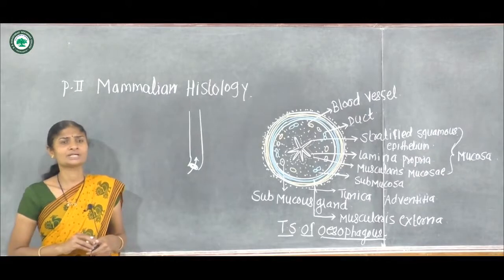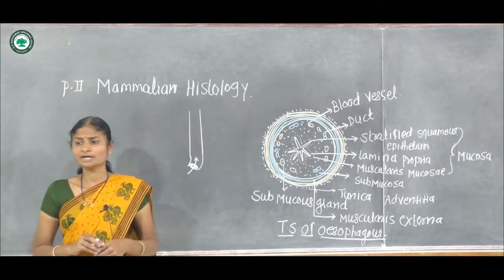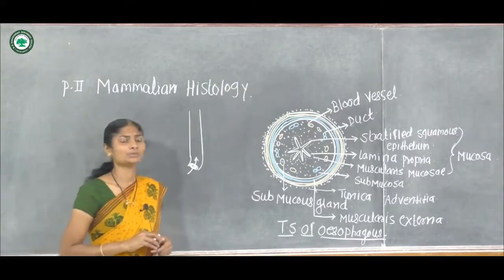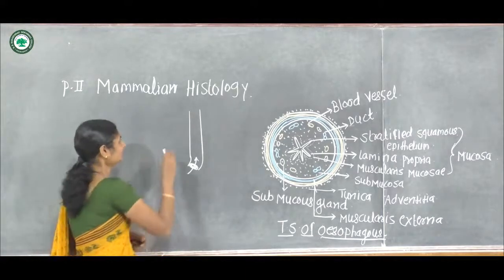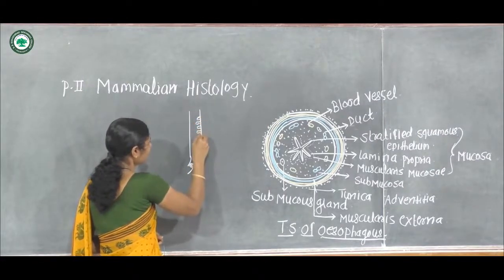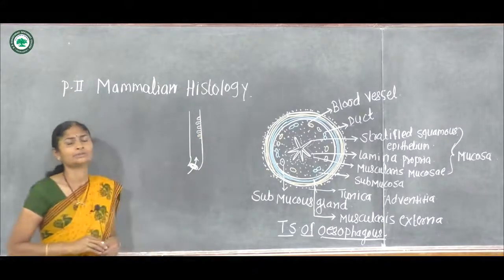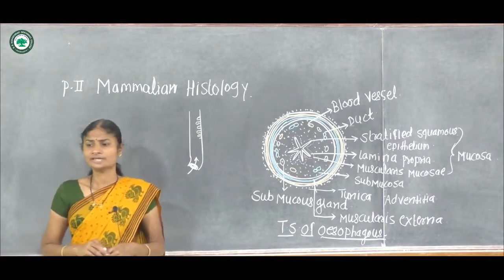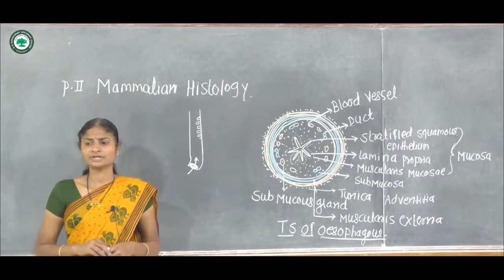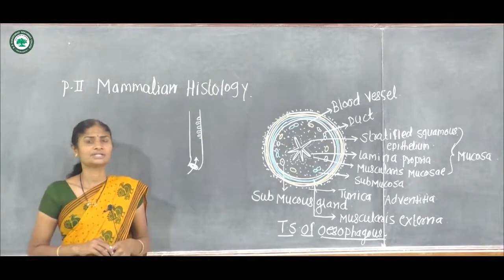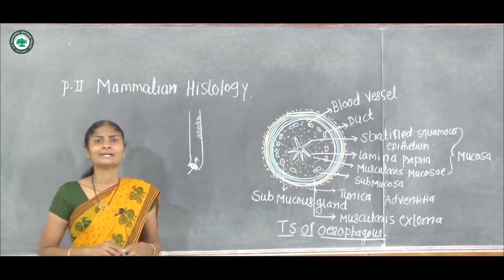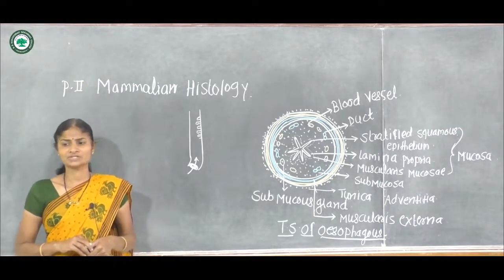The esophagus shows an irregular shaped lumen, and in this lumen small folding is present. The lumen is irregular shaped when there is no food in the esophagus, because of contraction of the inner layer of Muscularis externa.